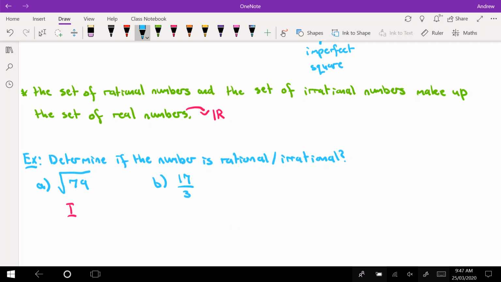B. 17 over 3. Rational or irrational? What does it get me in my calculator, Sean? Because you're going to divide it there. 17 divided by 3. 5, bunch of 6s, 7. So that is actually 5.6 recurring.